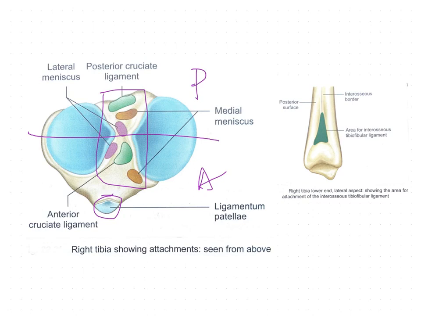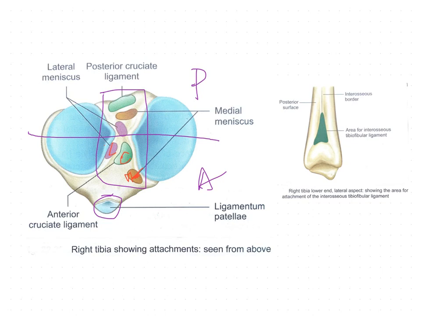So now we will see the structures which are attached on the anterior aspect. Here, the anterior end of the medial meniscus is attached to the intercondylar area, and then the anterior cruciate ligament, and then the anterior end of the lateral meniscus is attached. So these are the anterior attachments, and then we will move on to the posterior attachments.